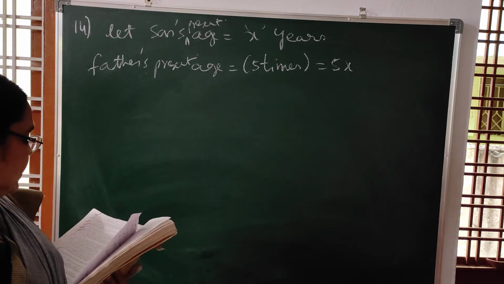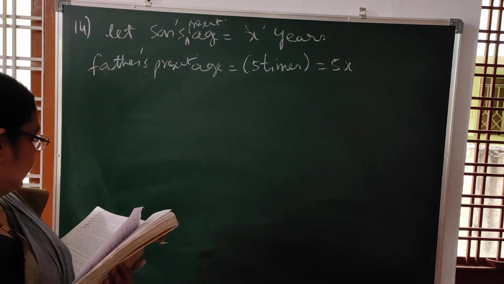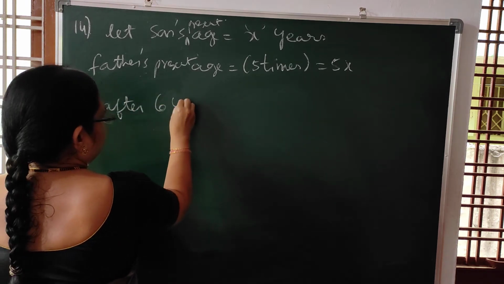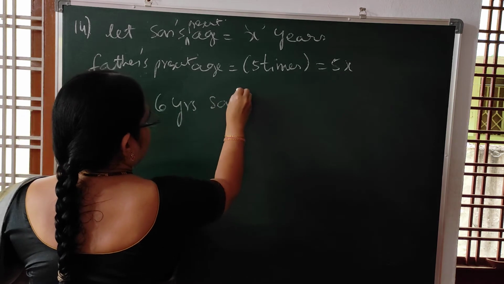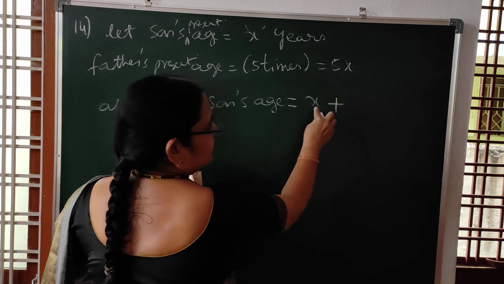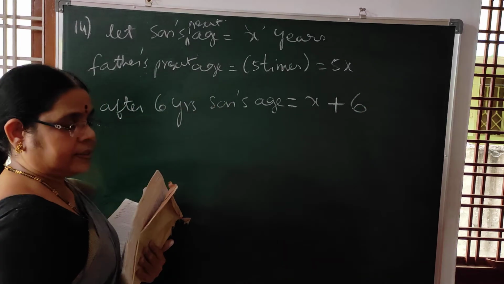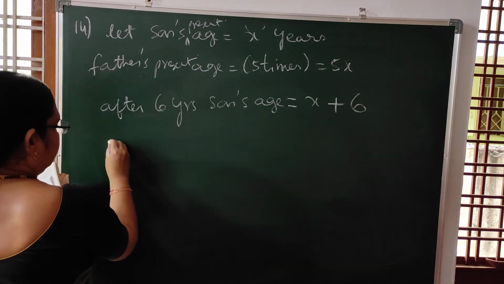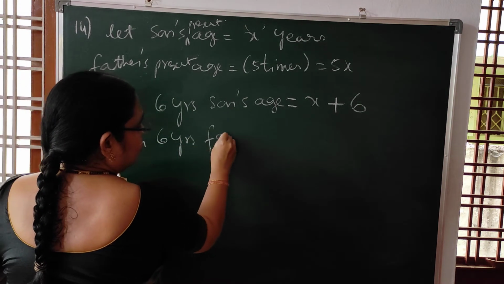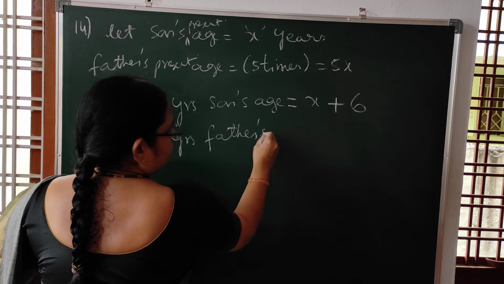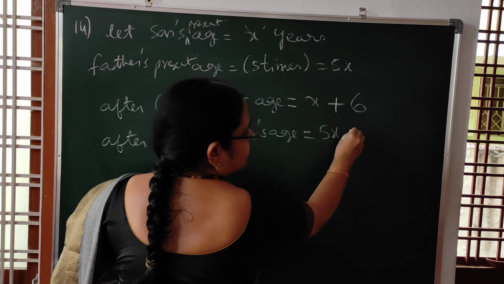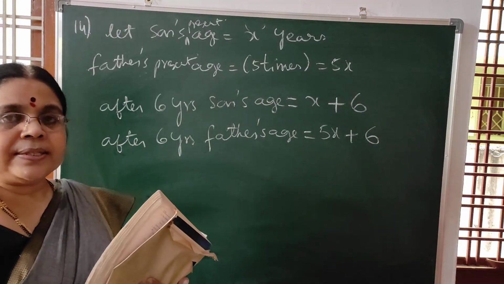Now, in 6 years, I will be 3 times as old as he will be then. After 6 years, the son's age is x plus 6. The father's age now is 5x years, and after 6 years he will be 5x plus 6 years.